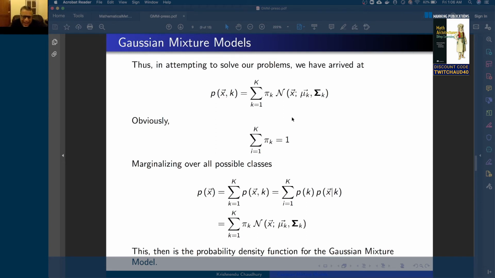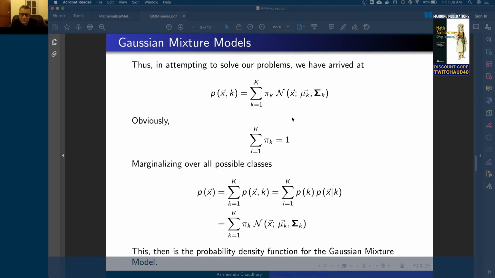The calligraphic N represents the Gaussian once again, and so my joint probability is a weighted sum. The weights are the pi's. They sum to 1, and my joint probability is a weighted sum of these individual Gaussians.